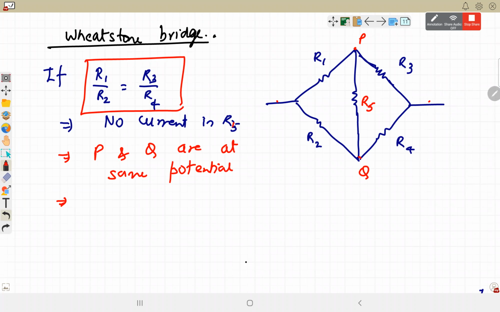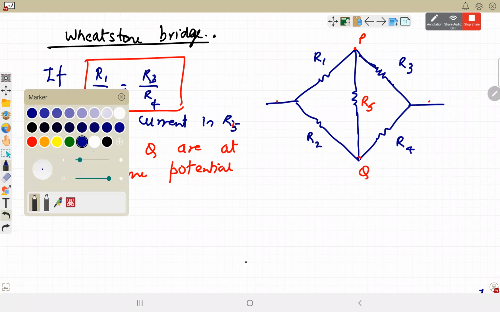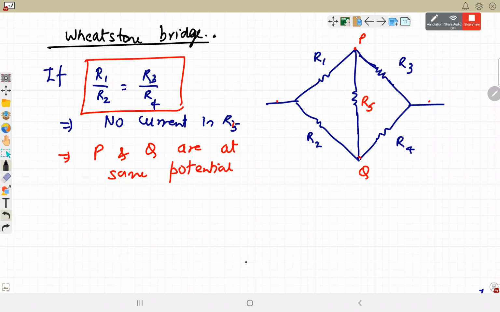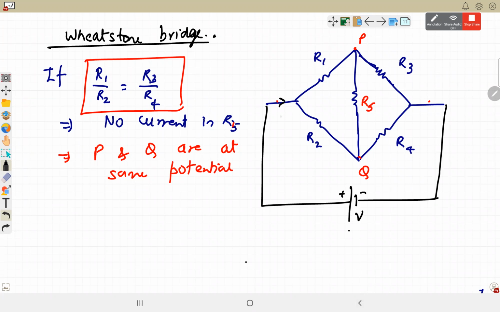Now we need to solve this circuit with the help of Kirchhoff's law, and we have to prove this condition. Suppose we connect a battery of potential V, using almost the similar method that we used for the last question. First we assume that there is a current; we don't take that this current is not there.